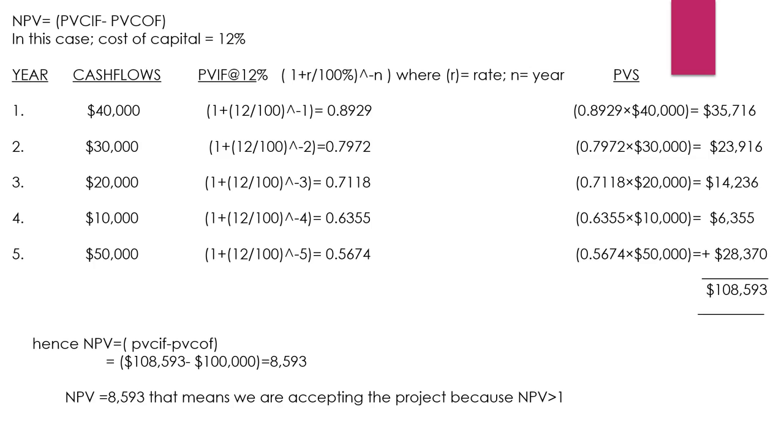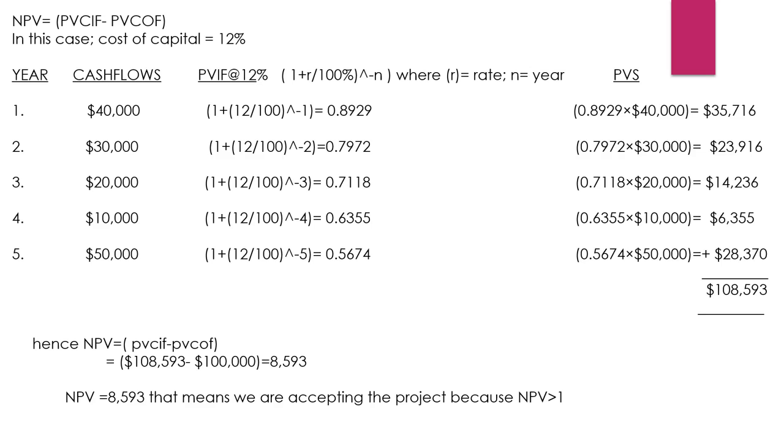This is because we are in the third year, and the value you get is 0.7118. So the present value of the cash flow will be 0.7118 times the cash flow $20,000. So the present value of cash flow is $14,236.